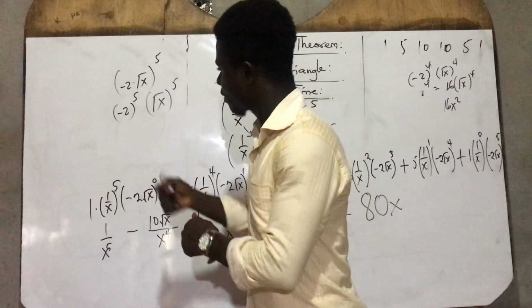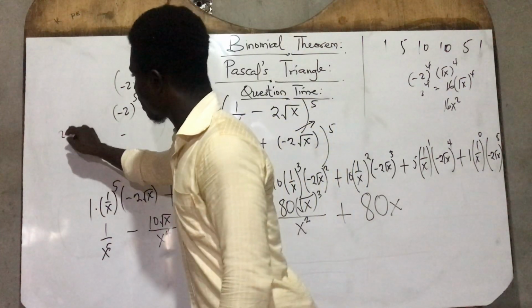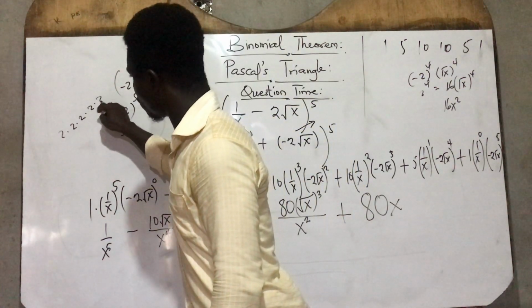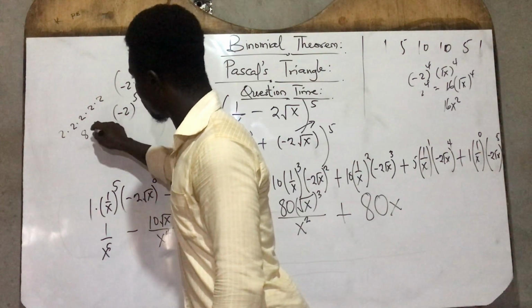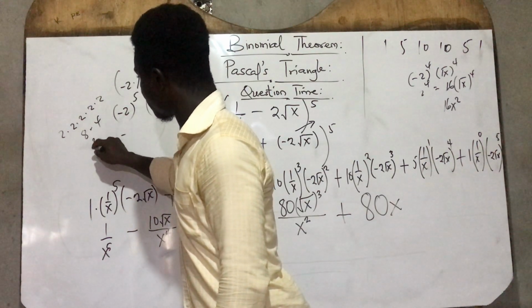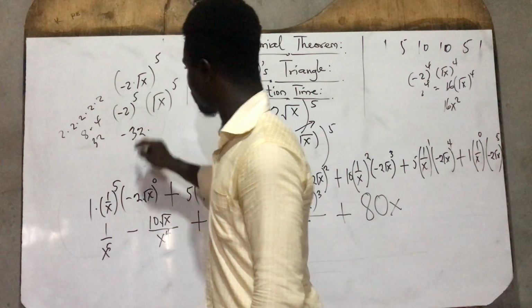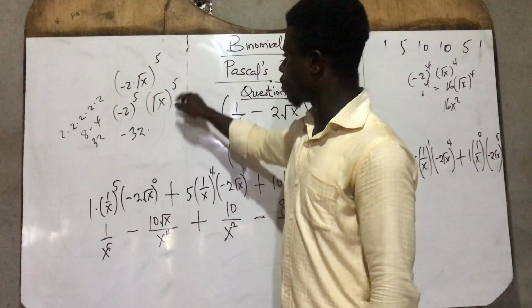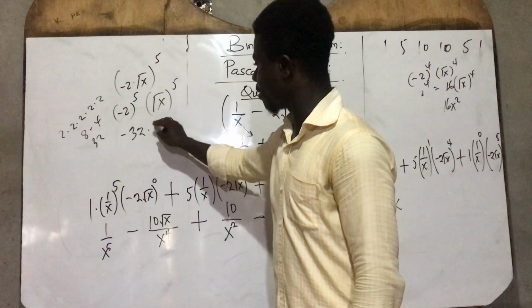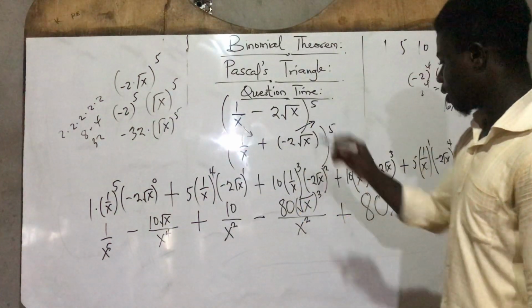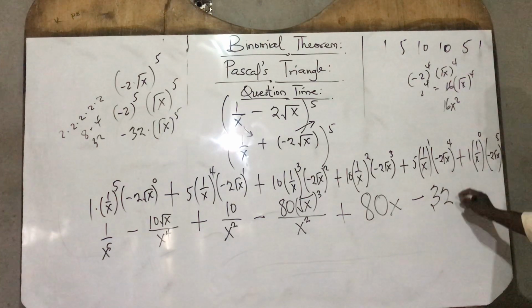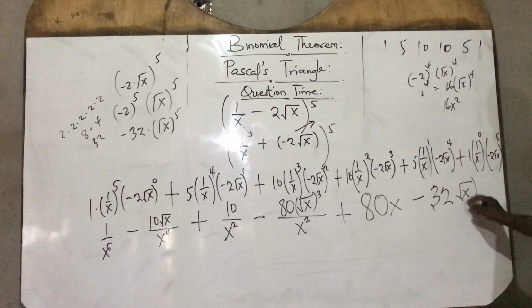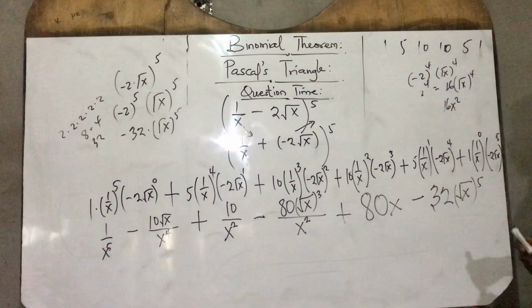This one still remains, so I'll get my negative. Now 2 times 2 times 2 times 2 times 2. 1, 2, 3, 4, 5. So this one gives me 8. This one gives me 4. 8, 4, I'll get 32. So I have my 32 times square root of x all to the power 5. It's still the same. So I have my minus 32 square root of x all to the power 5.